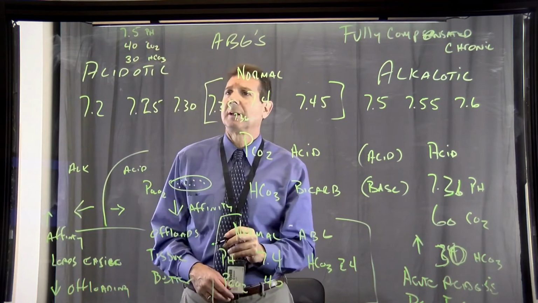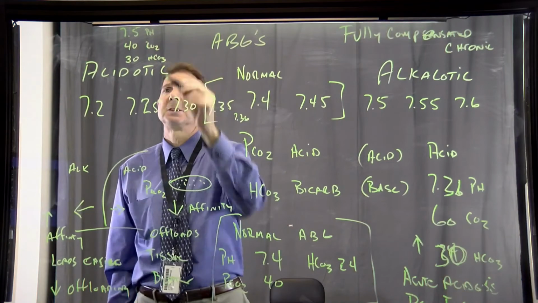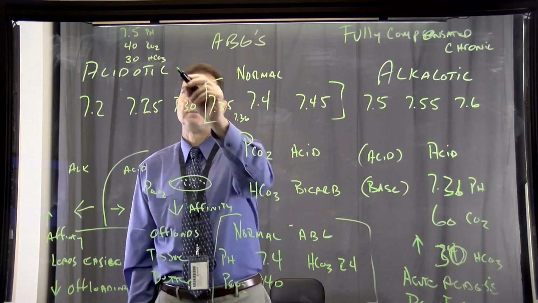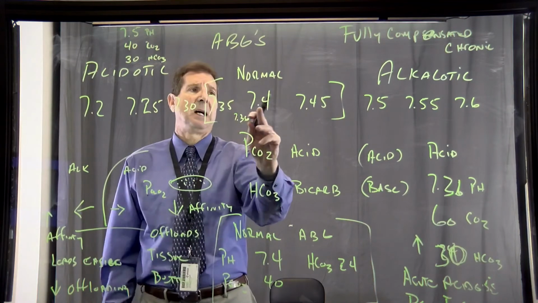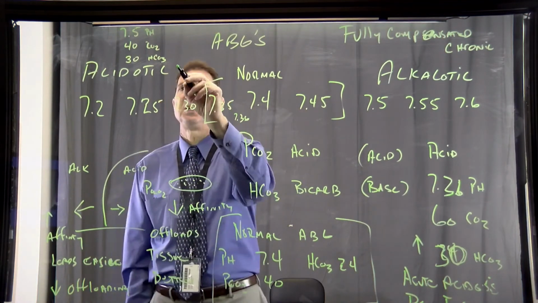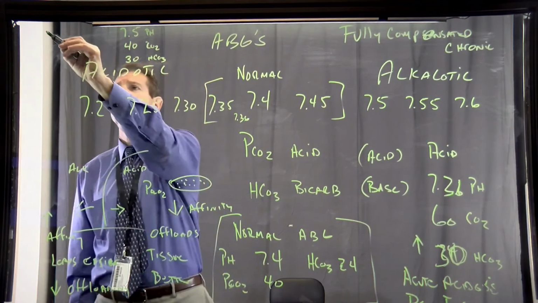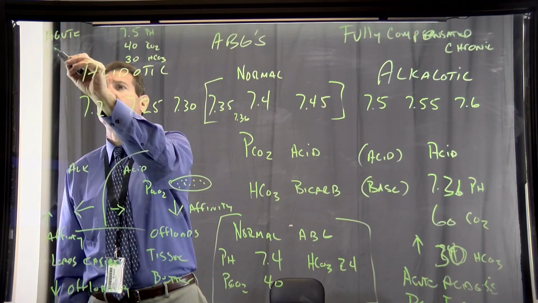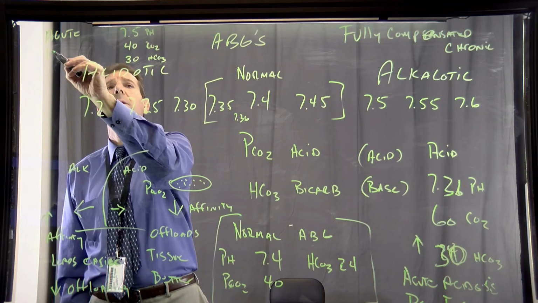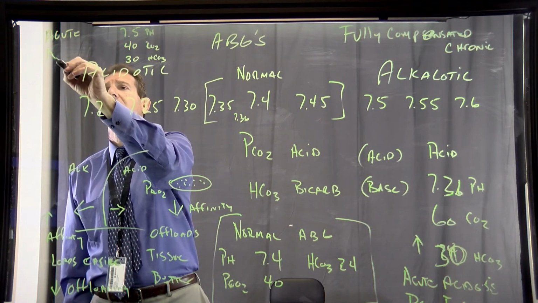I have an alkalotic blood gas. Because my CO2 is normal, my bicarb is elevated, and my pH is out of the normal range, I have an acute condition. It's acute alkalosis.